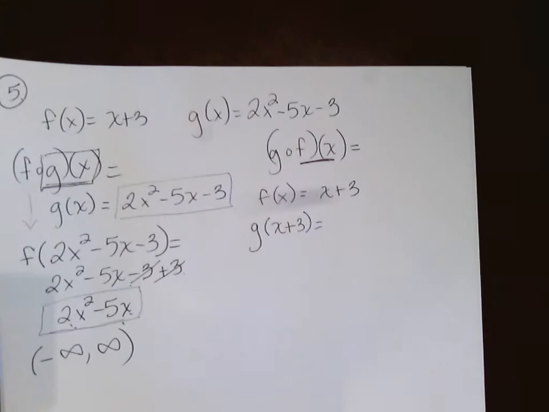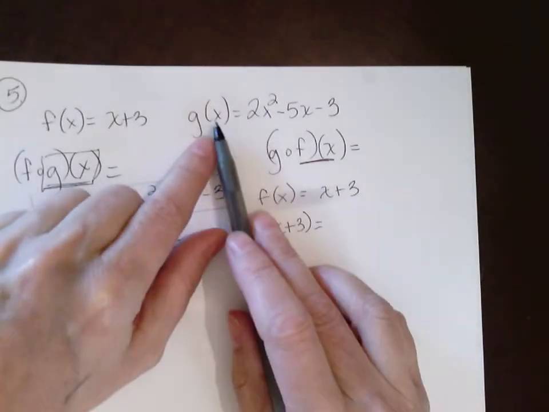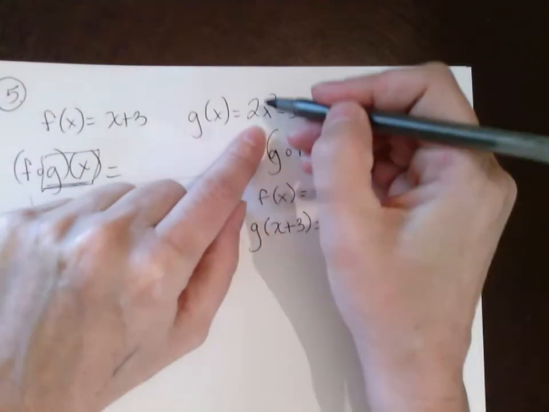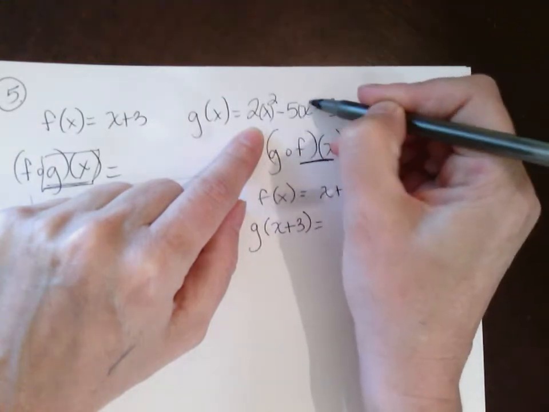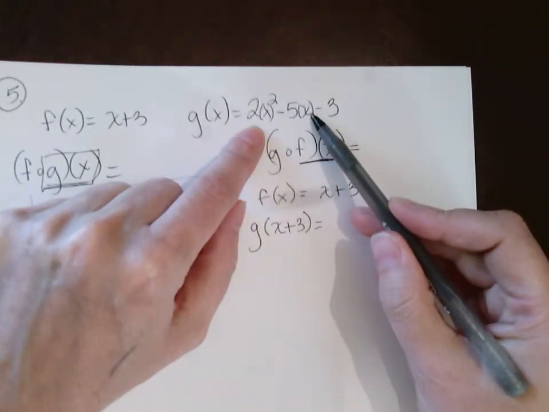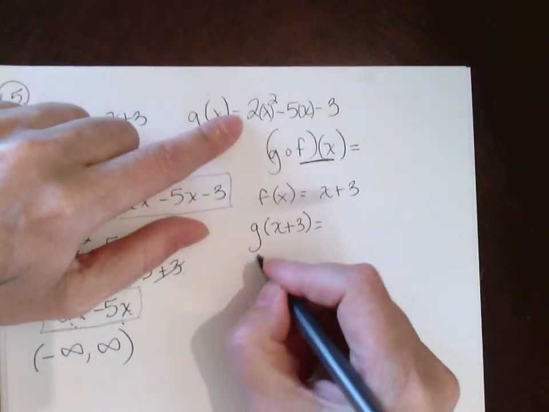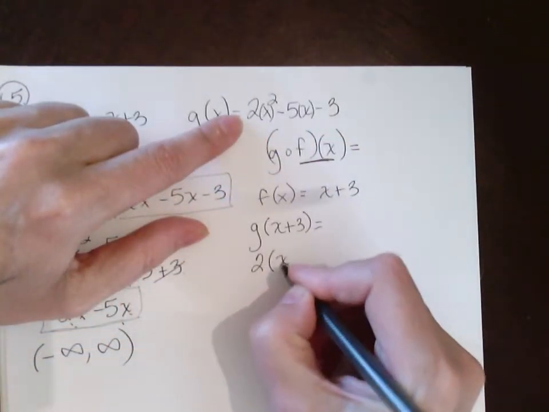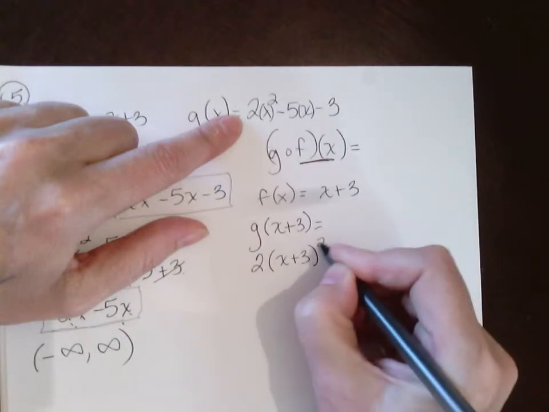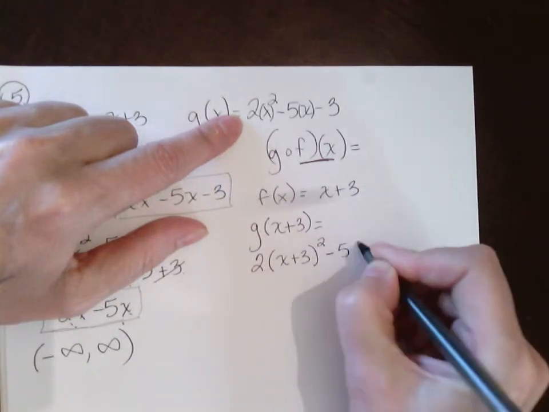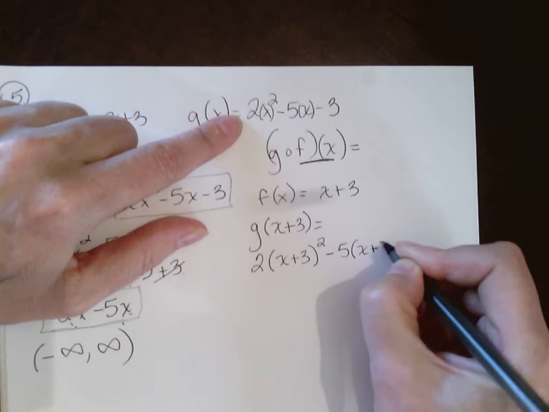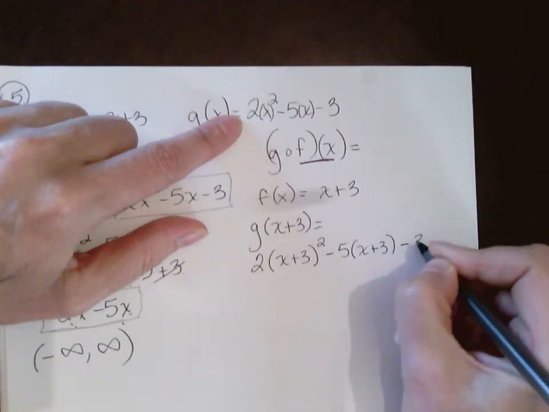Now here's the part that's going to be tedious. I'm going to my g function, which is this one, and everywhere I see an x, which is here and here, I'm going to put x plus 3. So let's see, I have 2 times x plus 3 squared minus 5 times x plus 3 minus 3.